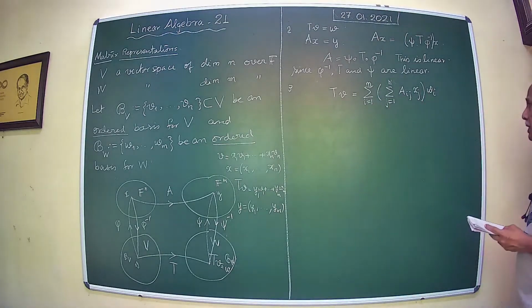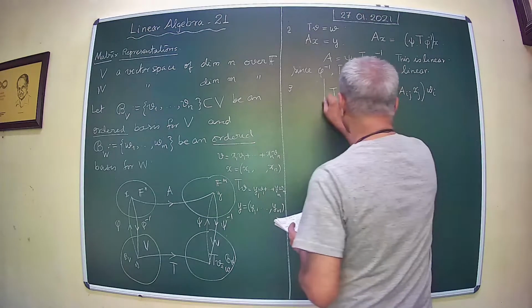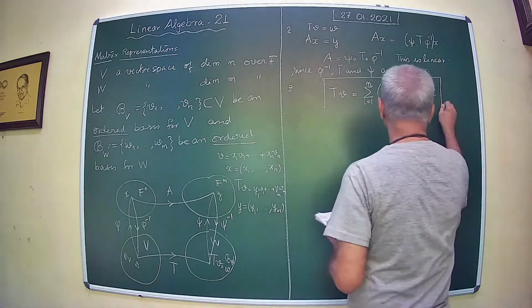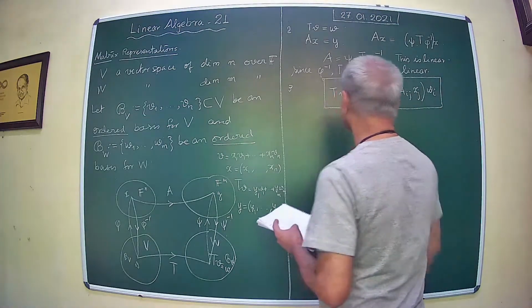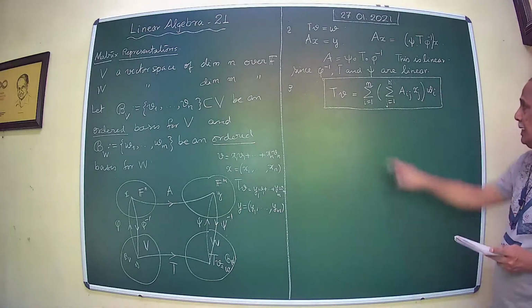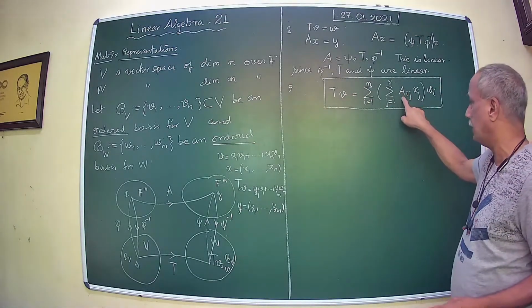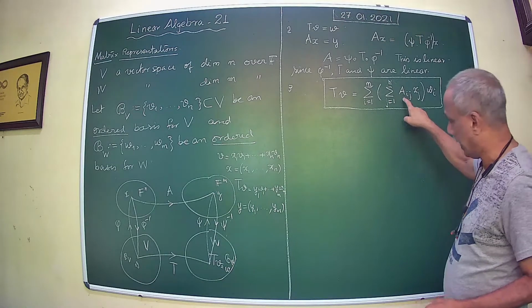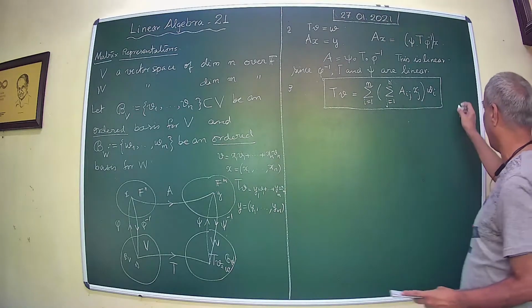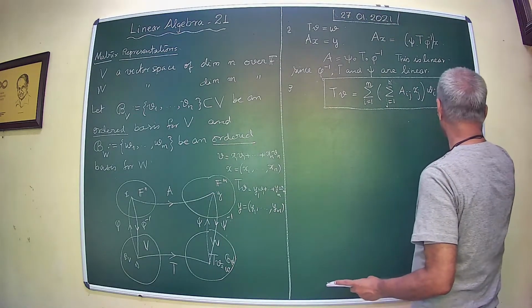This is the relation that you have basically. So that connects T with Aij or A. So A is the m by n matrix.